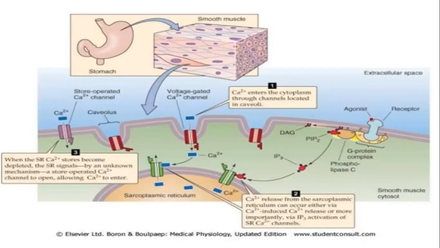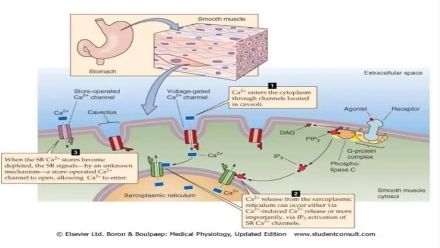In the skeletal and the cardiac muscle, calcium, we have seen, plays a prominent role in initiation of the contraction. Now, here also we will see the effect of calcium.